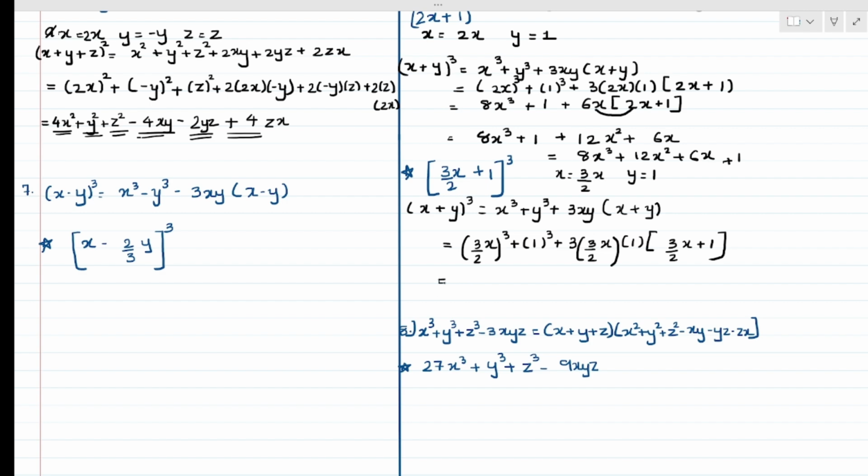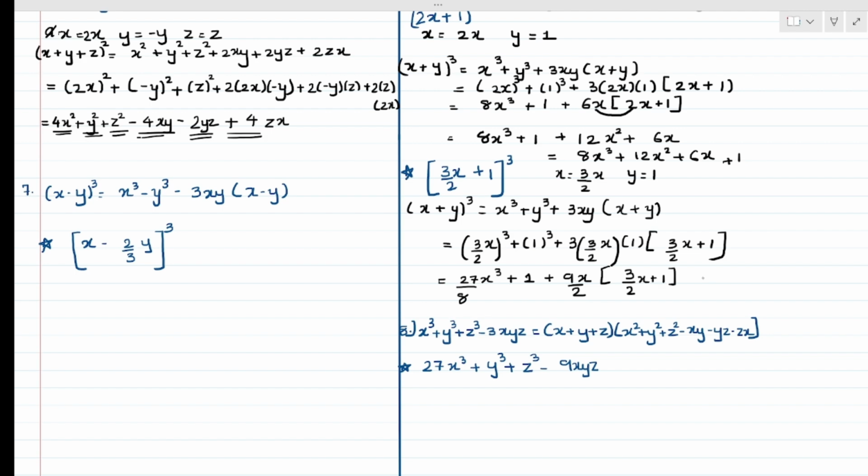So you will get 27 by 2 cube, that means 2 2s are 4 and 4 2s are 8, x cube plus 1 plus, as you can see over here, 3 times 3, that means you will get 9x by 2. 3 3s are 9 and 9 1s are 9. So you will get 9x by 2 and this bracket again you will do as it is 3x plus 1.